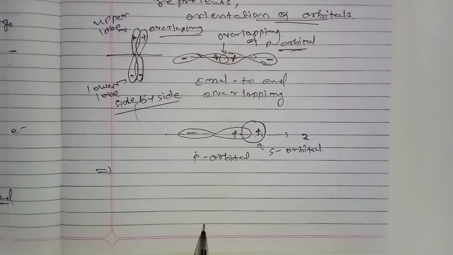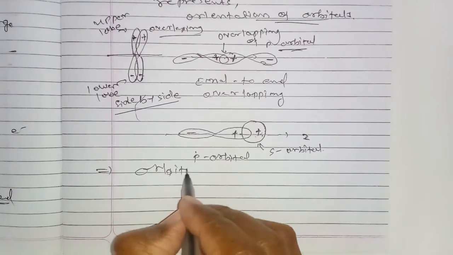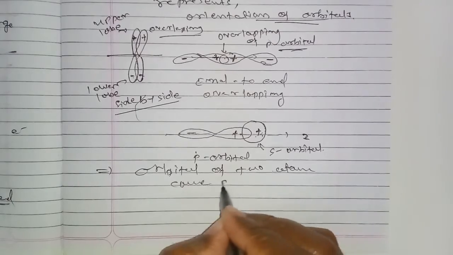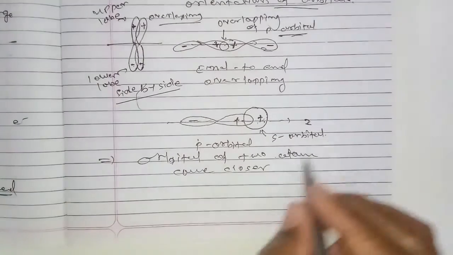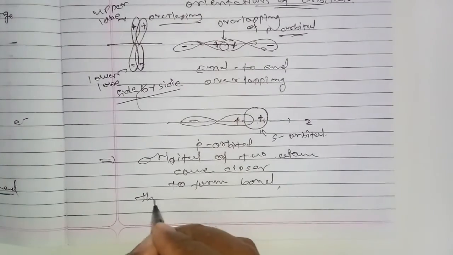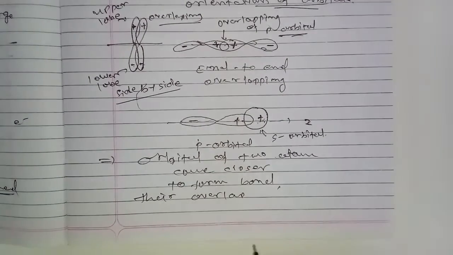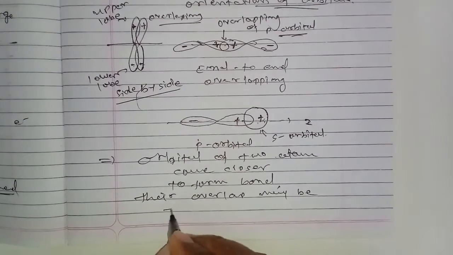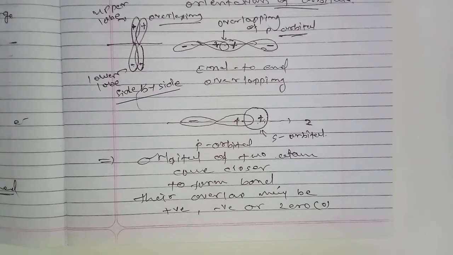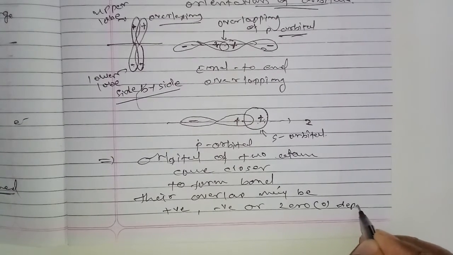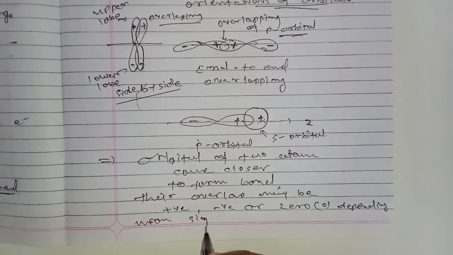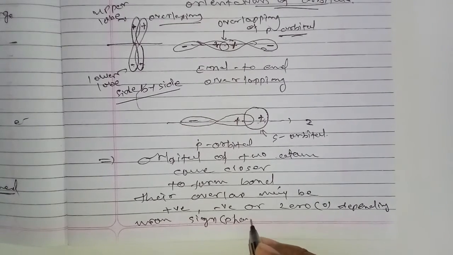When orbitals of two atoms come closer to form a bond, their overlap may be positive, negative, or zero, depending upon the sign.